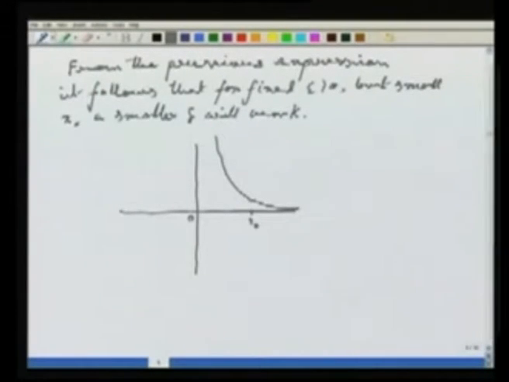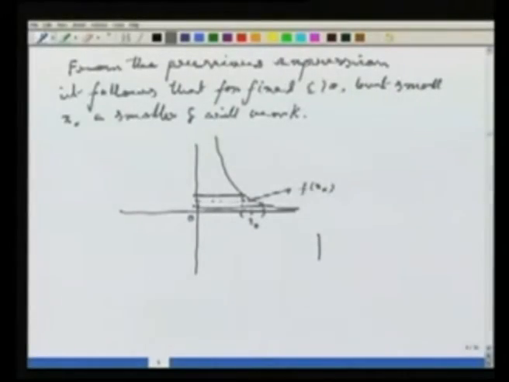Now notice that if I choose an epsilon band around f(x naught), how does that look? Let us say it is here, it is here. That means I want a choice of delta such that f(x) lies in this band. Then the obvious choice is you put this down, you put this down. It seems this kind of a neighborhood of x naught will work, for which I will get delta.